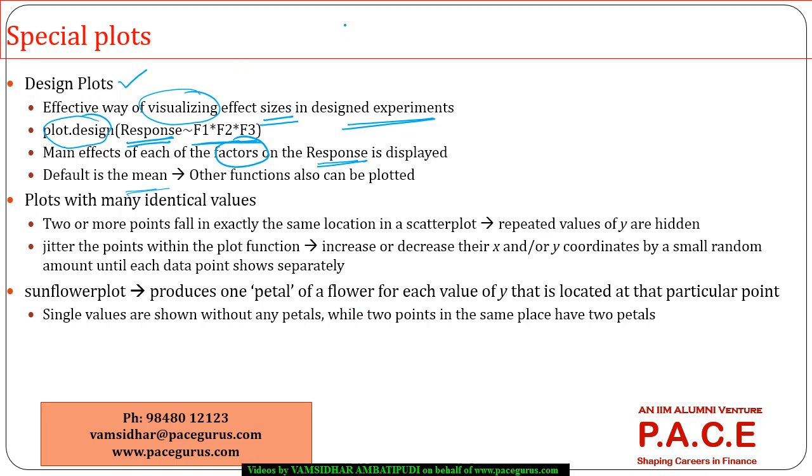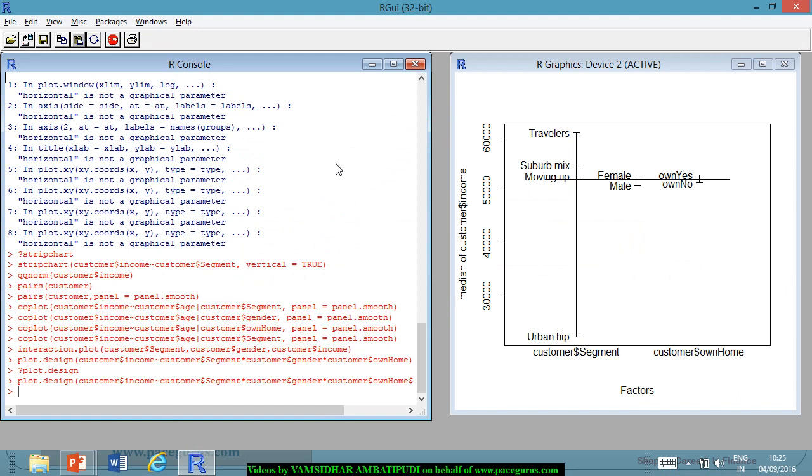Then if there are many identical values, I need some kind of a mechanism. Let's say I am doing a plot with so many identical values.